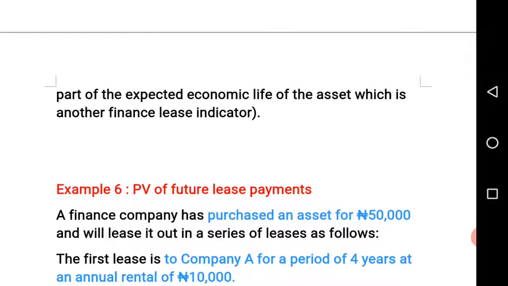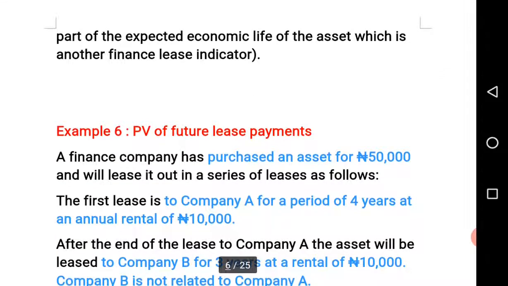So we have example 6. We have the present value, PV, of future lease payments. A finance company has purchased an asset for 50,000 naira and will lease it out in a series of leases as follows. The first lease to company A is for a period of 4 years at an annual rental of 10,000.